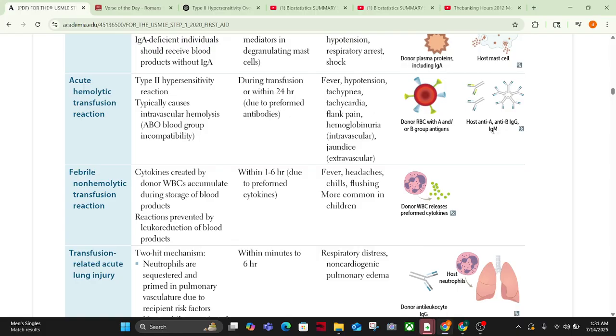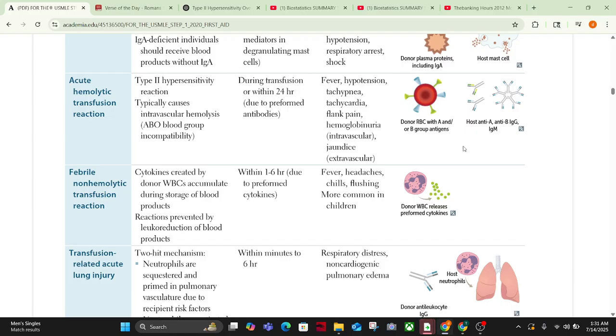So the donor blood type here is AB, and the recipient blood type is O. So if we have somebody with type AB blood and somebody with type O blood, that will cause a catastrophe. That's what causes the hemolysis and acute hemolytic transfusion reaction.